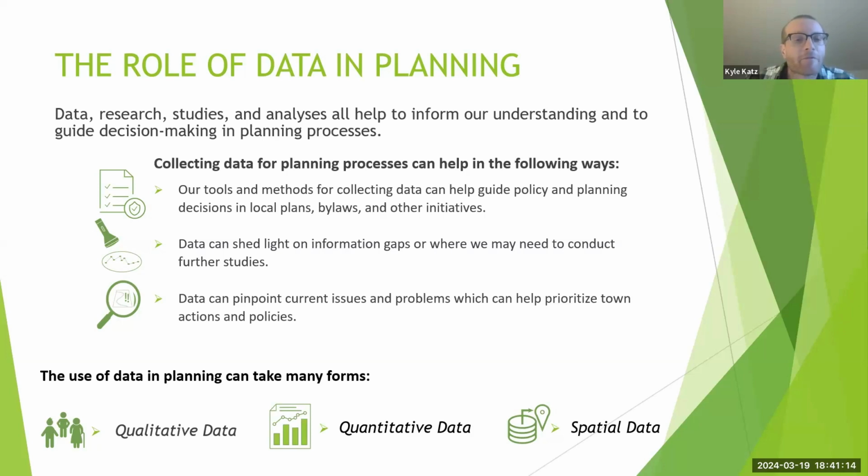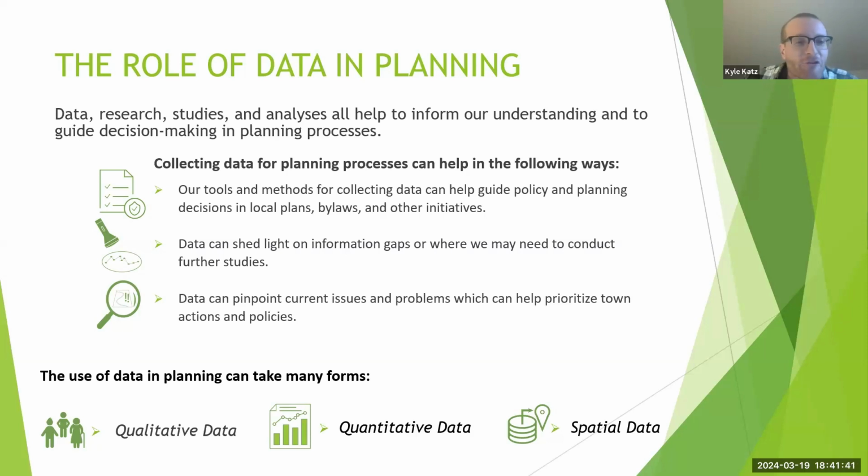This data can help inform our understanding of certain demographic and development trends over time, especially if we're looking at maybe a 10, 20, or 30-year period of data. And this type of data is typically collected from the US Census Bureau, typically the 10-year census or the American Community Survey.